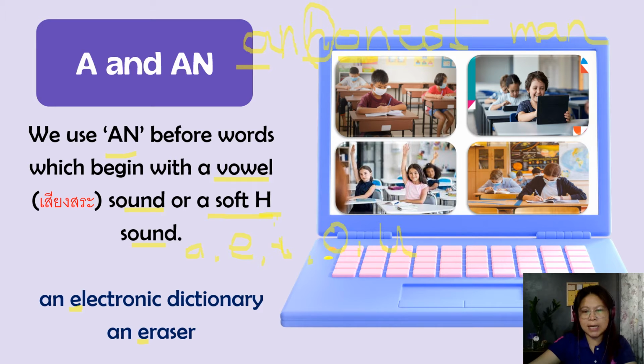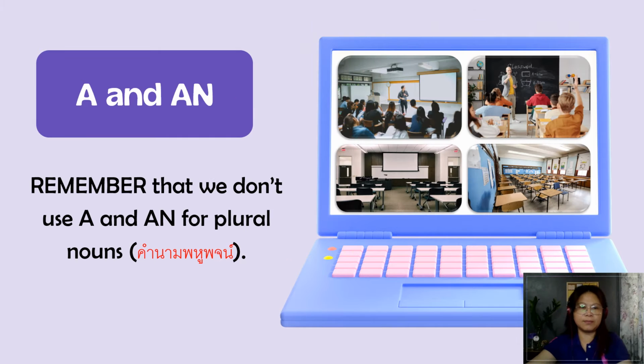E is a vowel letter. Or an apple. We say an because A is a vowel letter, or it has a vowel sound. So again, we use an before words which begin with a vowel sound or a soft H sound.